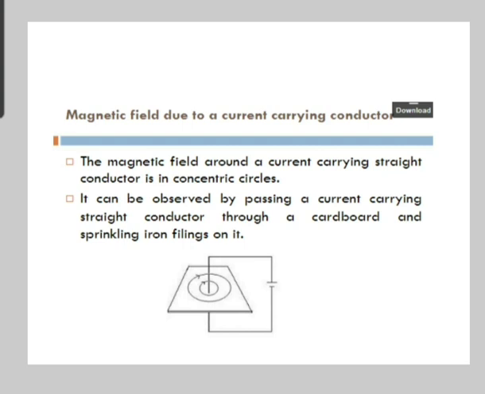For conventional current flowing through a straight wire, the direction can be found by the right hand rule. Now we will see what the right hand rule is.